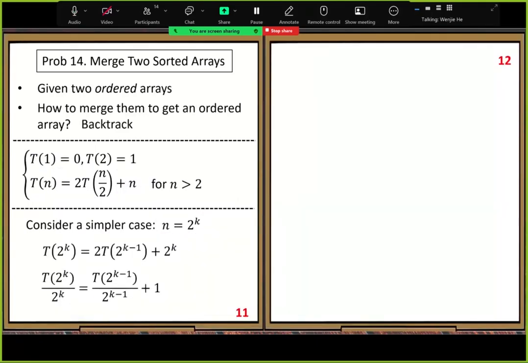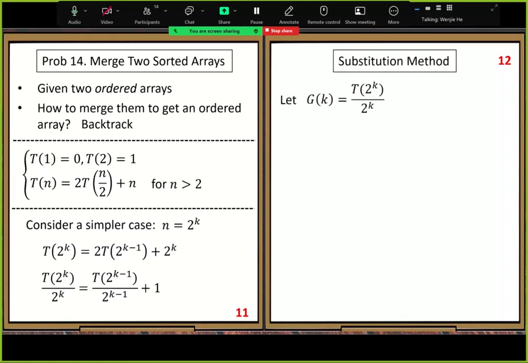After the substitution, the new equation becomes g of k equals g of k minus 1 plus 1. That looks much simpler, right? And this recurrence relation, we can apply many, many times.